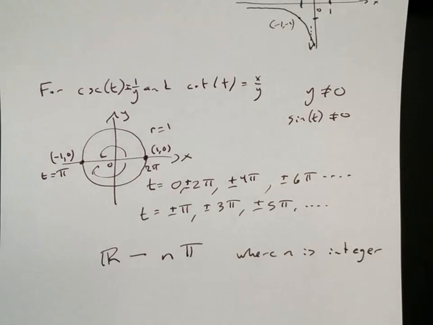So we had the half pi's that got thrown out before, and now we have the whole pi's that are getting thrown out this time. And this will be the domain for both cotangent and cosecant.